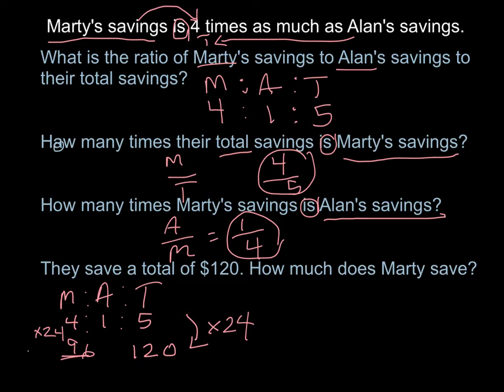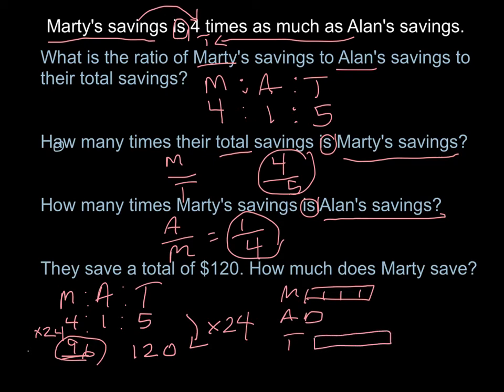So Marty saves $96. With a model, I would have done 4 boxes for Marty, 1 for Alan, and the total would have been 5 boxes.